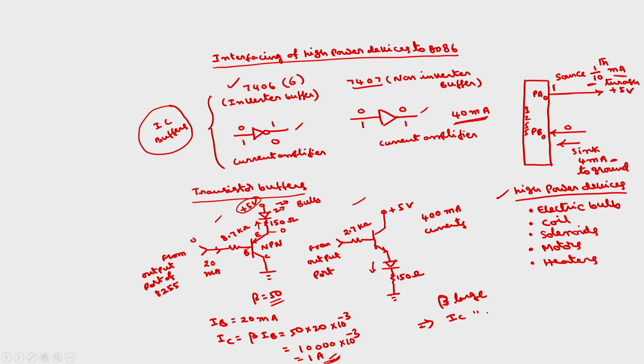If beta is large, IC is also large. So to increase the beta, instead of using a single transistor here, we can use a Darlington pair. Using that, you can again increase the current capacity. Darlington pair buffer circuit.